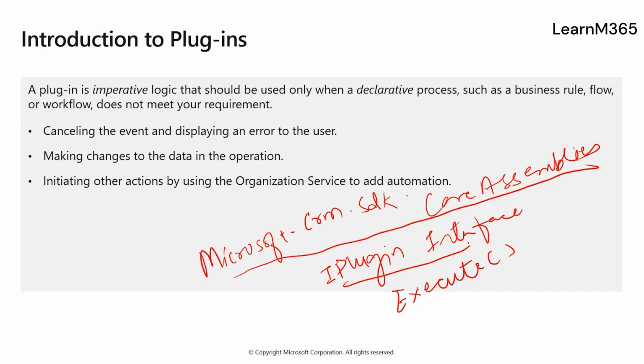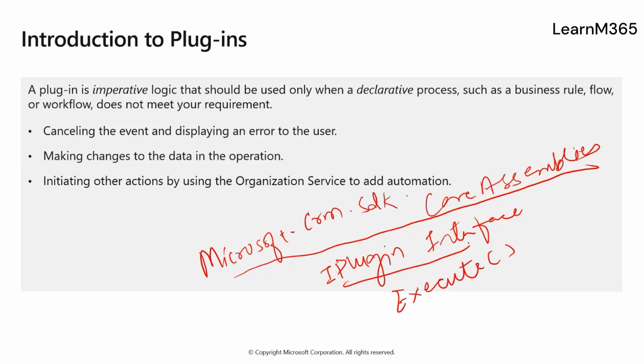So these are the scenarios: canceling the event and displaying an error message to the user, making changes to the data in the operation, and initiating other actions by using the organization service to add automation.